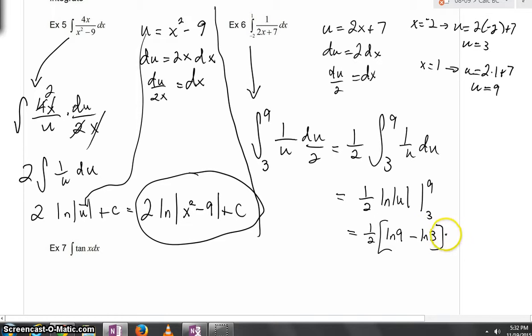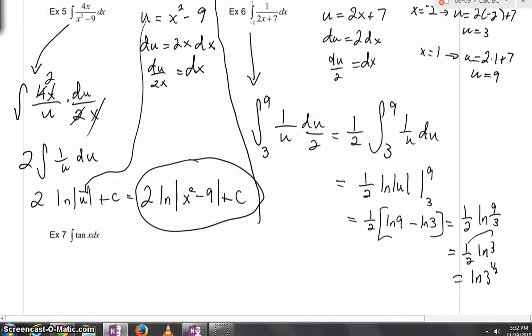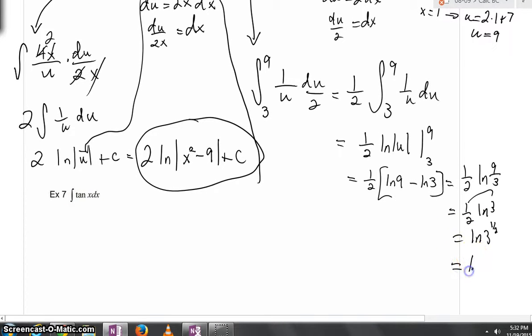And by the way, we could use a property of exponents and say really this is the natural log of 9 divided by 3. We'd have 1/2 natural log of 3, but we can bump that power up high and get natural log of 3 to the 1/2.